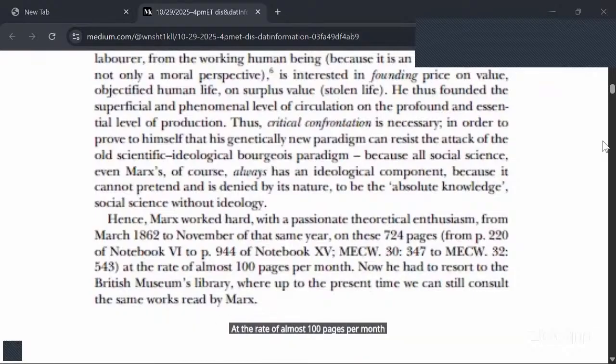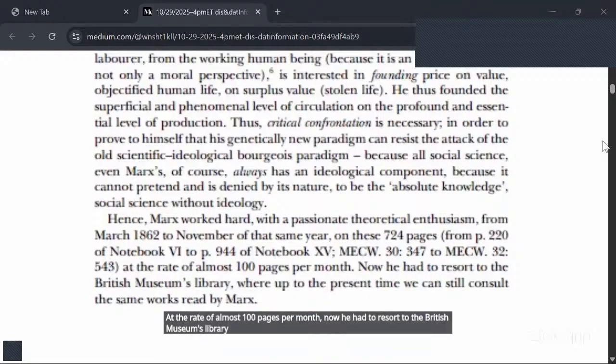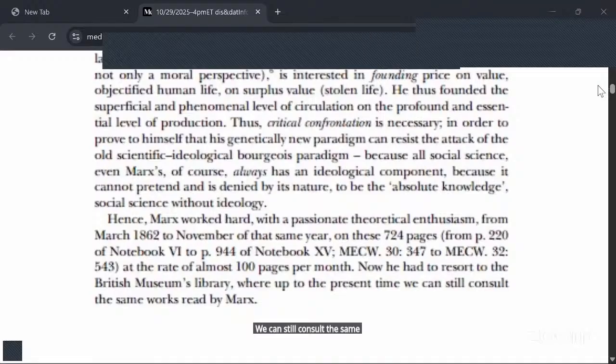Now he had to resort to the British Museum's library, where up to the present time, we can still consult the same works read by Marx.